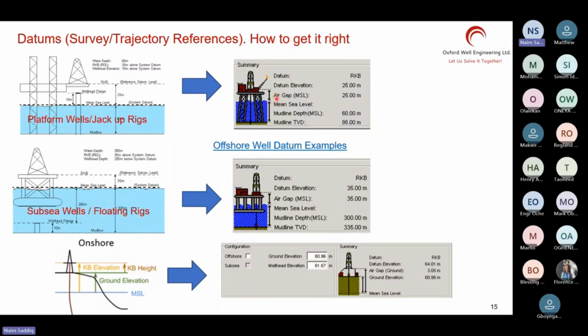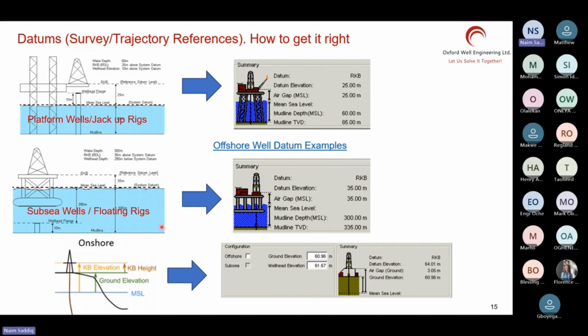A big rig has a big air gap; a small rig maybe a smaller air gap. You don't know that. So you can design the offshore well from the mud line, because the water depth usually stays the same, and then add it on top. When the rig arrives, you know the rig now, and you can increase the top end of your profile and trajectory. Very simple. People do it all the time, by the way.